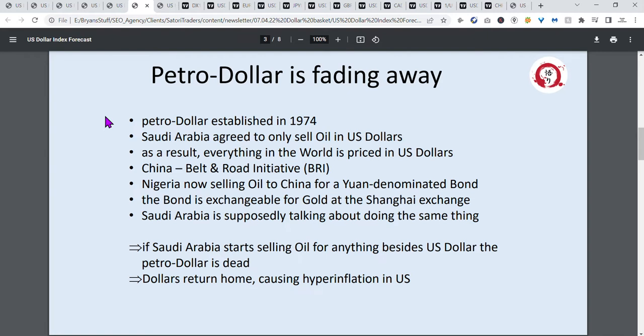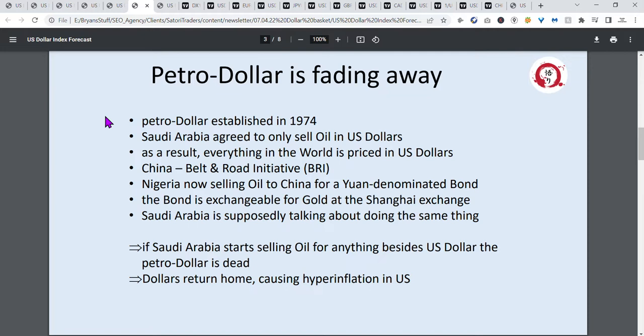The petrodollar came about in 1974 because the world was kind of in turmoil when Nixon closed the gold window in 1971. That pretty much ended the Bretton Woods agreement, which was the previous agreement that established the value of the US dollar. Of course, it was backed by gold, or supposedly backed by gold.